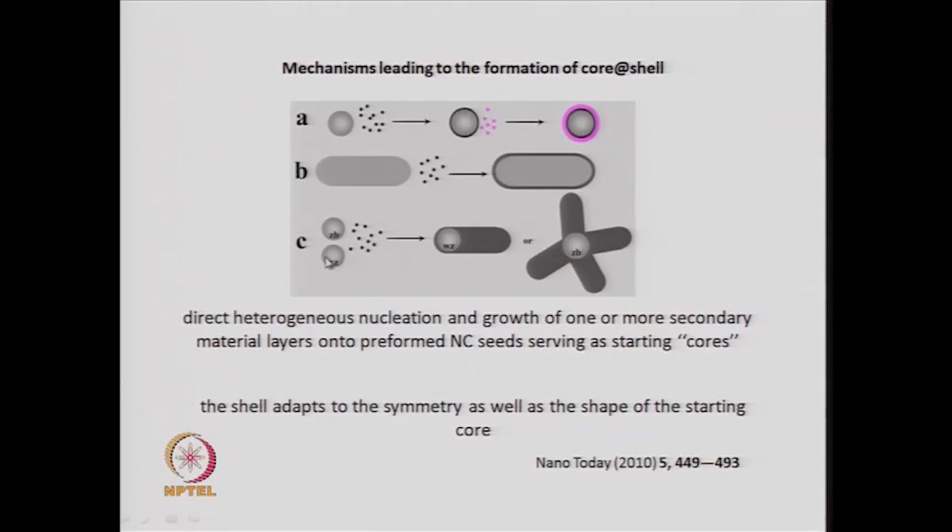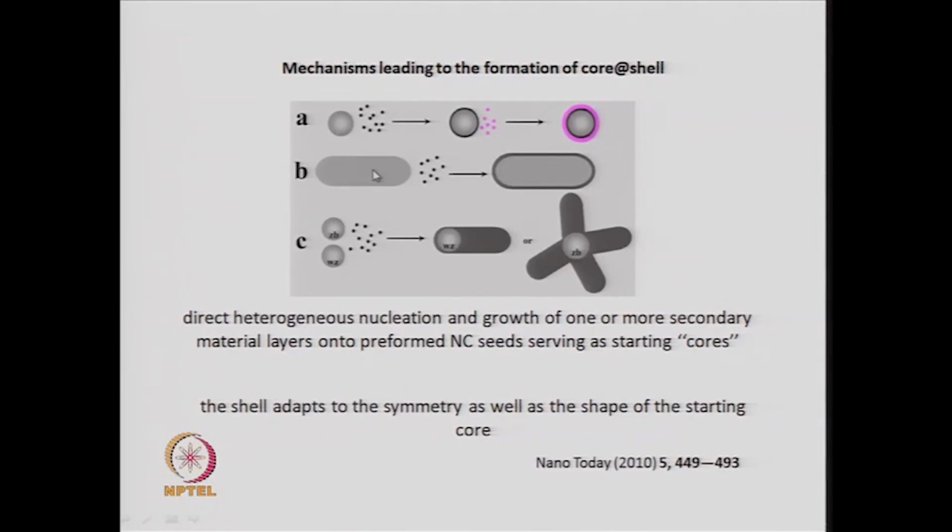For example, if you take wurtzite-type zinc sulphide and try to make a shell on top of it, you normally get this kind of rod-shaped structure. When you take zinc blende, typically you get this kind of tetrapods. So, the shell adapts to the symmetry as well as the shape of the starting core. That is what is shown here.